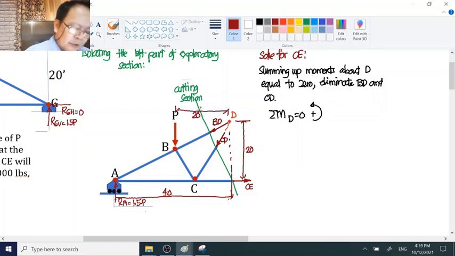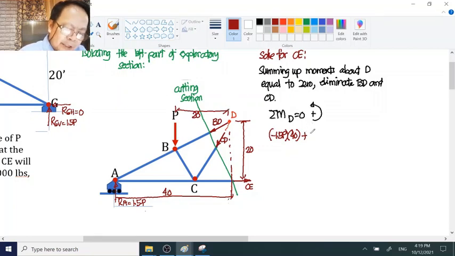Diba? Kaya when we take moment, what will be our moment equation? We sum up starting from the left. So we will have negative 1.5 of P, the magnitude of the force acting on A, multiplied by the moment arm of 40, plus P will be creating counterclockwise moment about this D. Therefore, that will be plus P multiplied by 20. This CE will also be producing counterclockwise moment about D. Kaya siya ay positive din.